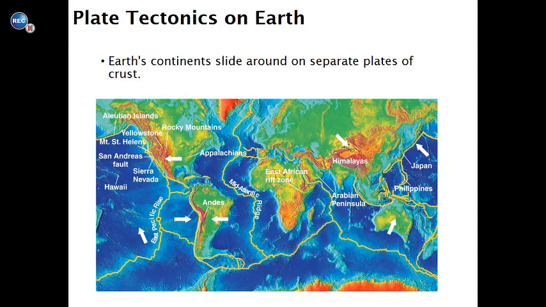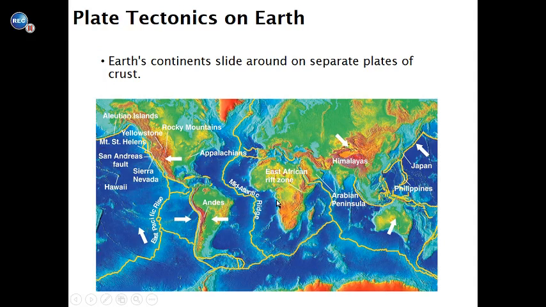And we can see some evidence, if we look at the mountains that are around, that the mountain chains could connect together in the past, and the land masses could fit together in different ways.